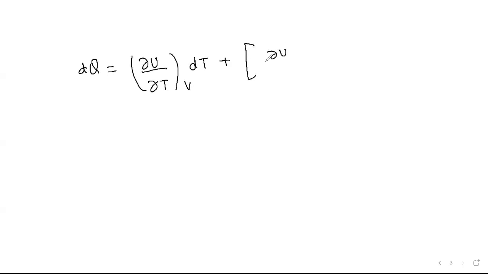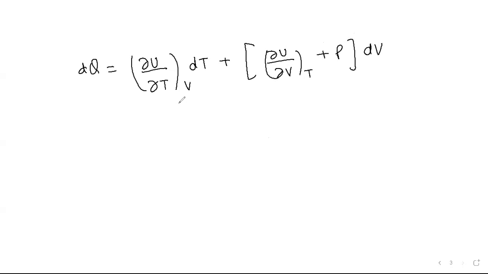So we can write dq is equal to dou U by dou T at constant V dT plus, dou U by dou V at constant T, dV we take out, plus P times dV, right?